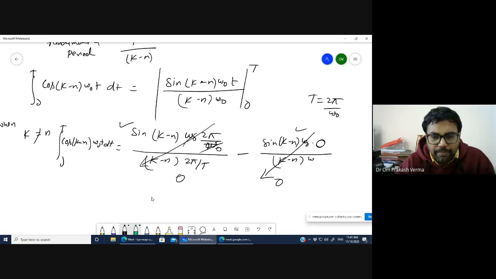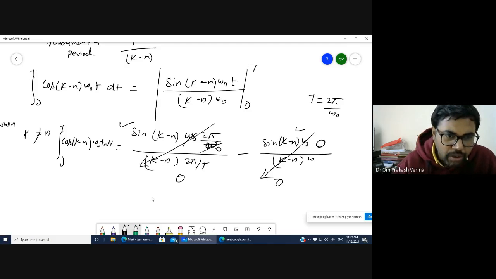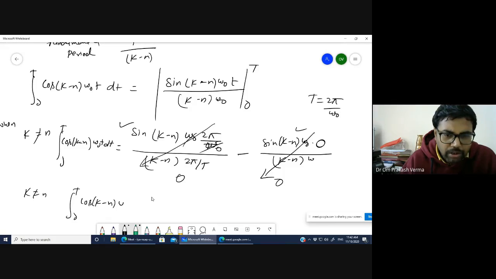Sine 2 pi again makes the equation 0. So finally when k is not equal to n, the integration from 0 to T of cos (k minus n) omega naught t dt is equal to 0.